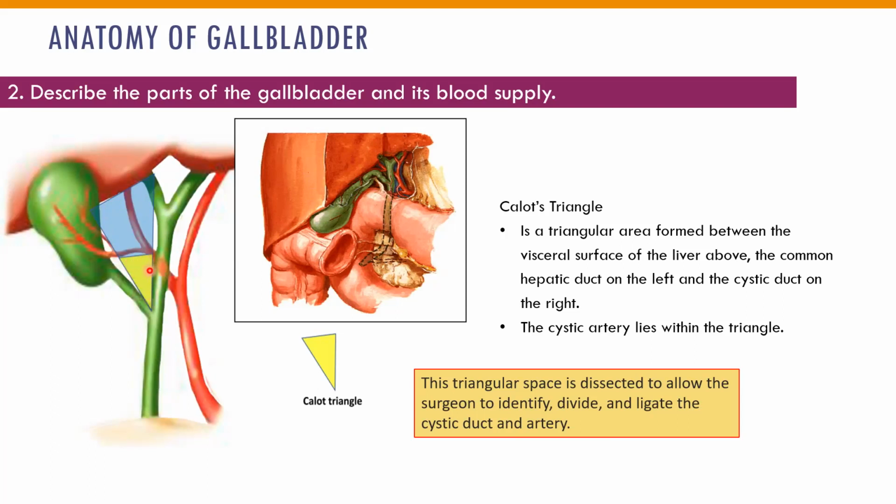So this is the triangle, and the cystic artery lies within it. So in surgery involving this area, the surgeon has to identify this triangle so that they can identify the cystic artery, and if they need to divide it, they will divide it, to prevent bleeding during the surgical procedure.